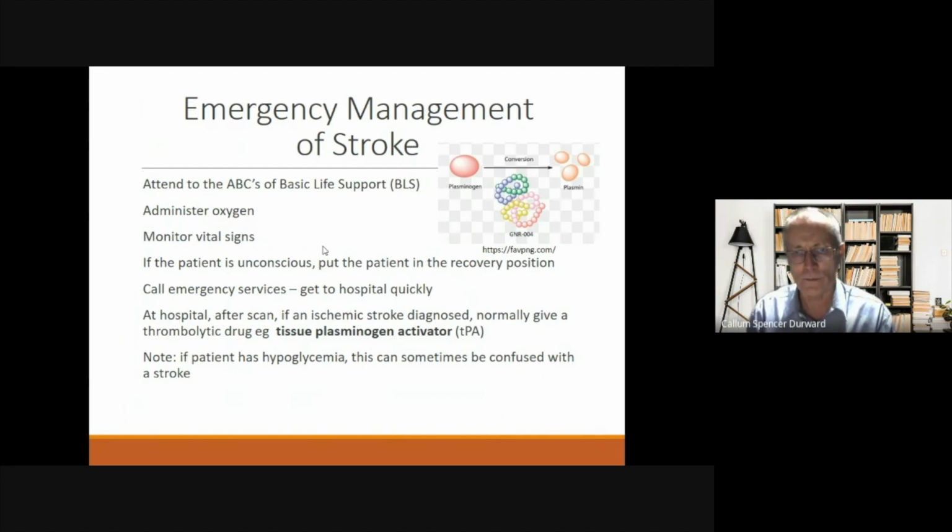Once at the hospital, they'll have a brain scan. And if an ischemic stroke is diagnosed, normally they'll be given a thrombolytic drug, for example, tissue plasminogen activator, or TPA. Note that the symptoms of stroke can be similar sometimes to the symptoms of hypoglycemia. So keep that in mind.